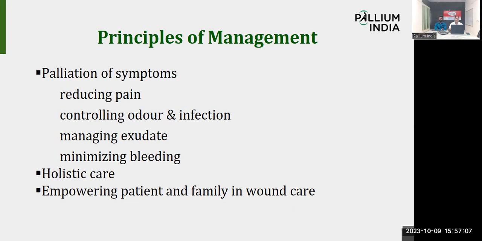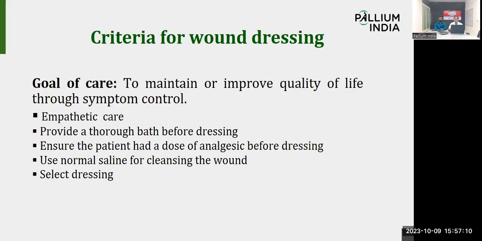Then criteria for wound dressing. So what are the criteria for wound dressing? Mainly the goal of care will be to maintain or improve quality of life through symptom control. As I said, symptom control is very important, and we have to be empathetic with the patient. Whatever care we are providing should be empathetic care. That is, we have to be in the patient's shoes in order to understand the feelings, right? So provide empathetic care, and provide a thorough bath before dressing. If a fungating wound is there, we will remove the dressing and tell them to go and take a bath.